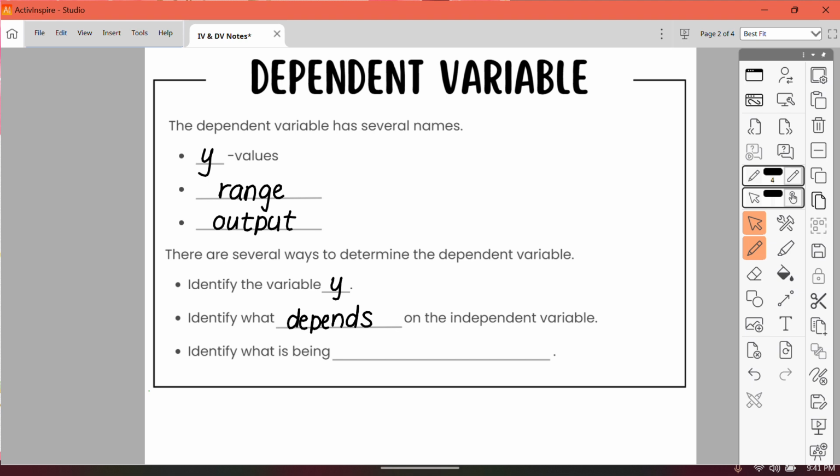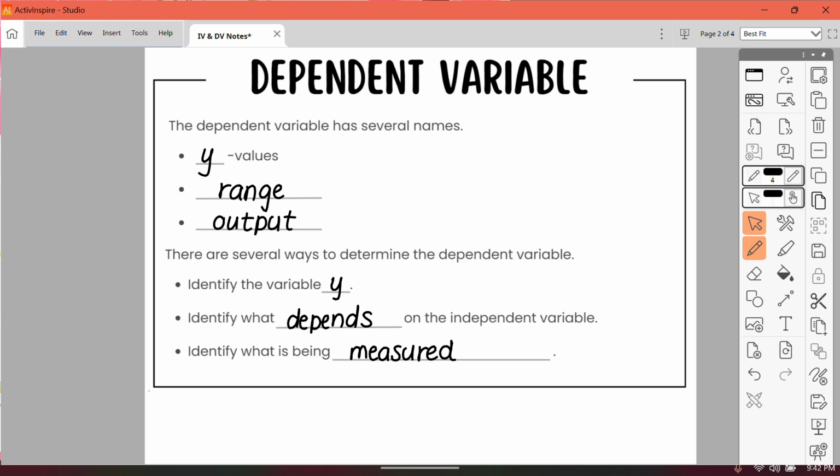If you know what the word depend means, that's going to be super helpful here. If not, just pay really close attention to the examples and make sure you ask for help or clarification if you need it. The more science-y definition is identify whatever is being measured. So sometimes, even in math, you can get an independent or dependent variable question that's describing an experiment.